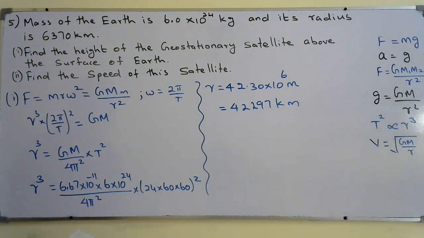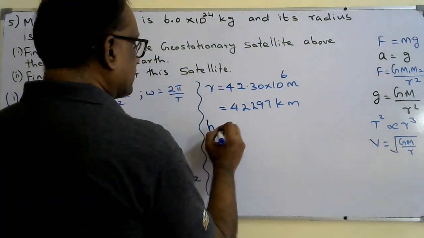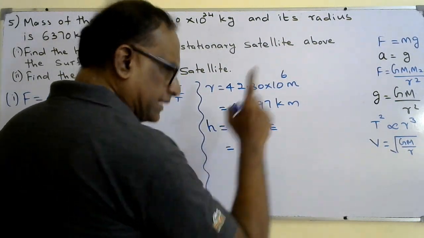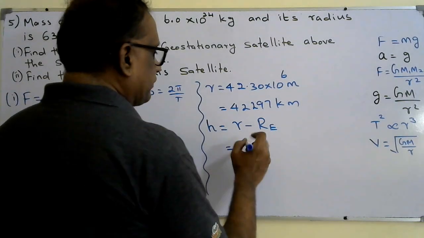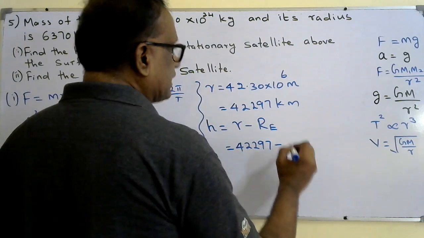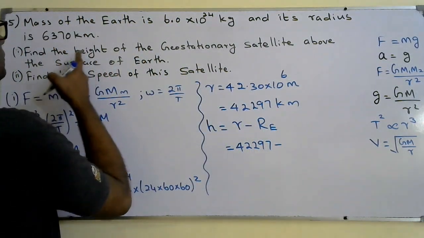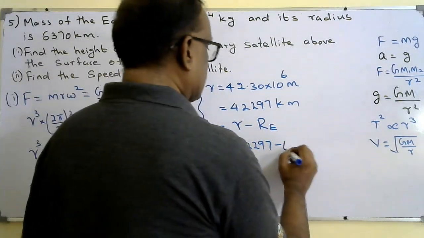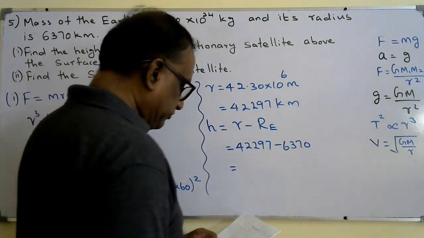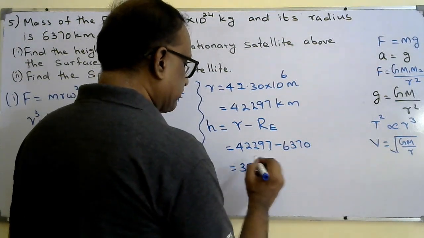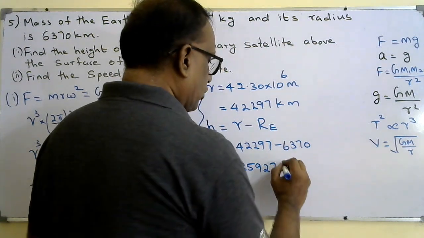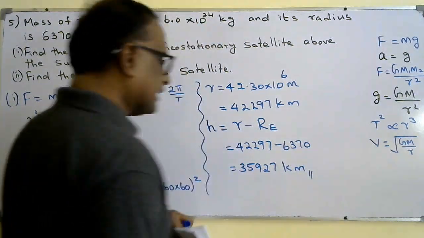The height of the satellite is equal to the radius of the orbit minus the radius of the Earth, as I explained earlier for the moon. So r we know, 42,297, minus the radius of the Earth, 6,370 kilometers. So the height is 35,927 kilometers. That's the height of the geostationary satellite.